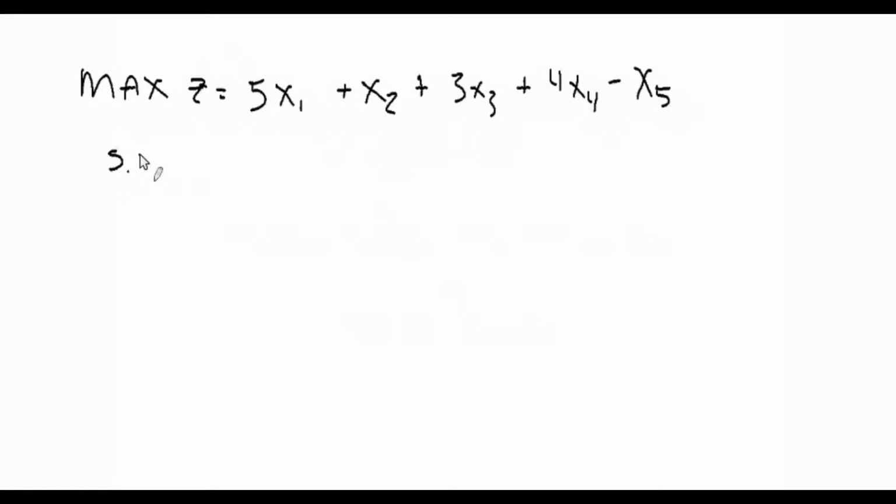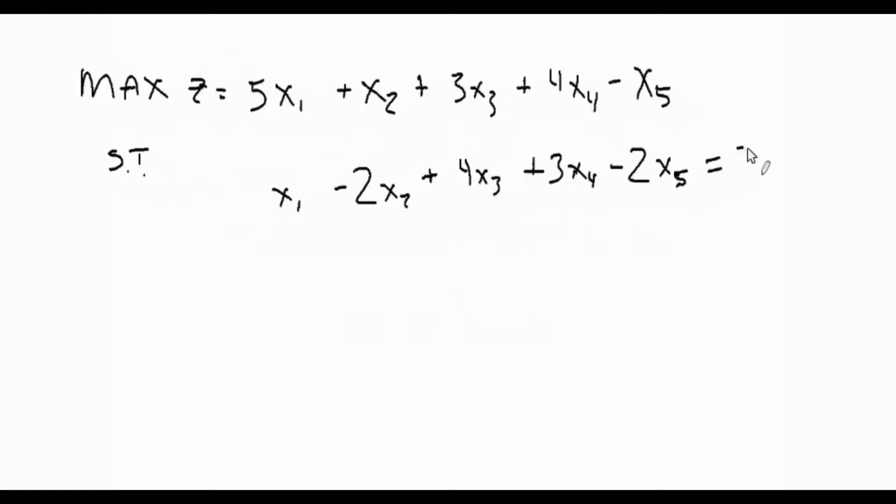Then there are three constraints. The first one is x1 minus 2x2 plus 4x3 plus 3x4 minus 2x5 is equal to 20.